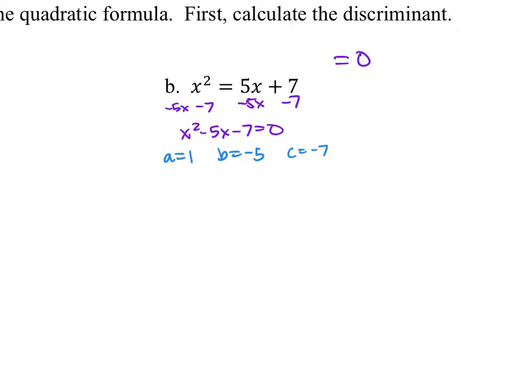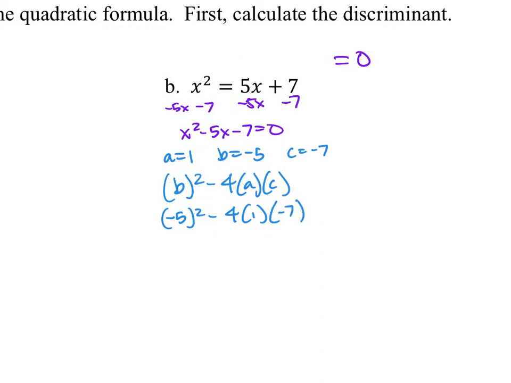What happens? The discriminant, b squared minus 4ac. So in this case, it's -5 squared minus 4 times 1, and the c is -7. So what do we get? Looks like we get 25 plus 28. I believe that is 53. So that is the discriminant.